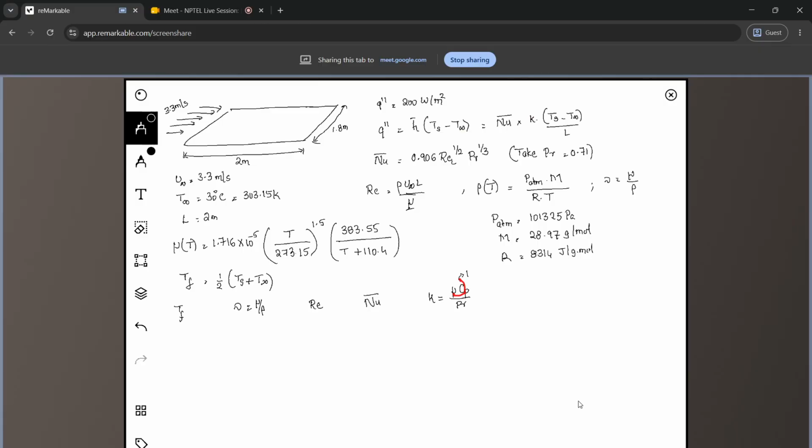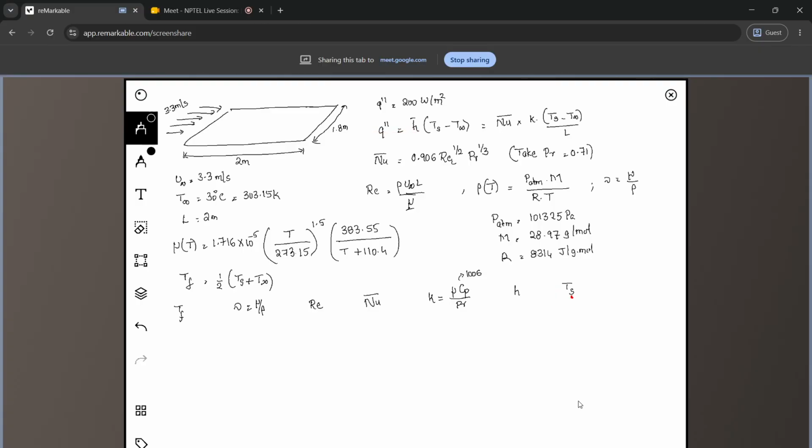Cp you can take as 1006. Prandtl number is 0.71. That will give you the kappa value. Once you have kappa, this is the equation we will be using. Q double prime is already given as 200, so you can substitute 200 equal to this, and from there calculate the value of Ts. So first you calculate the heat transfer coefficient, and from the heat transfer coefficient you can calculate Ts.